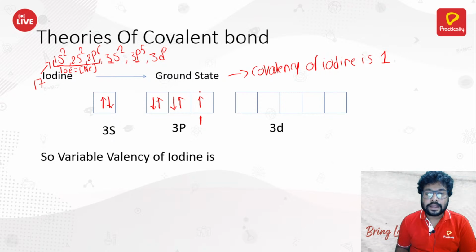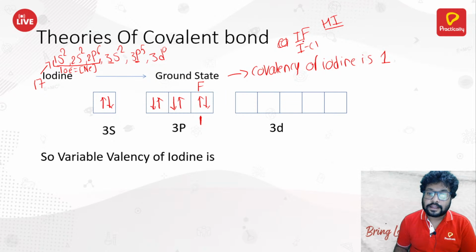For example, it can combine with fluorine like this to form IF. It can combine with chlorine also to give you ICl, or it can combine with hydrogen to give you HI. That's how your iodine can show valency 1.